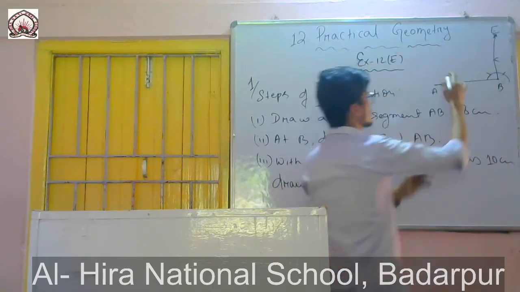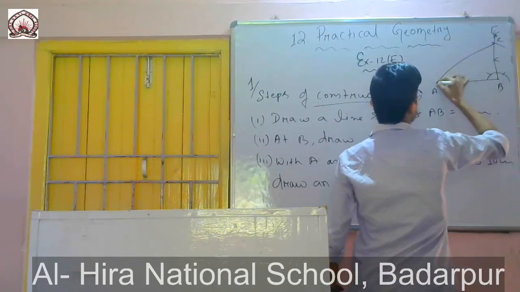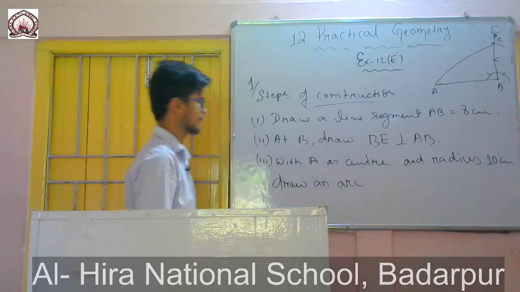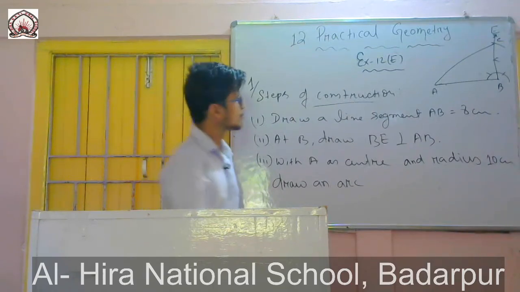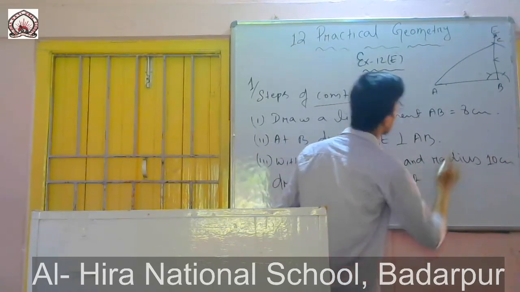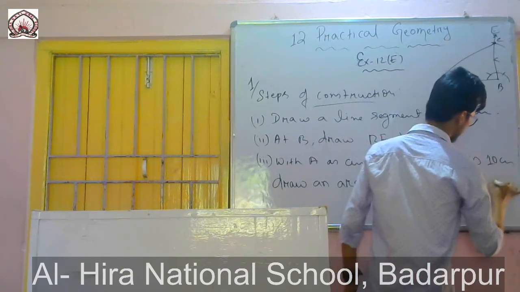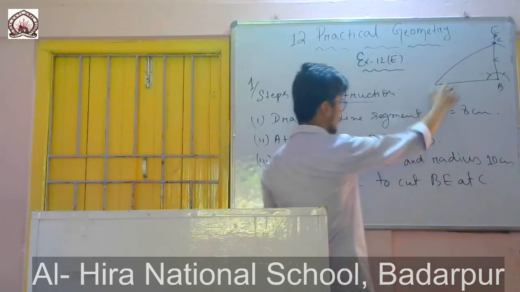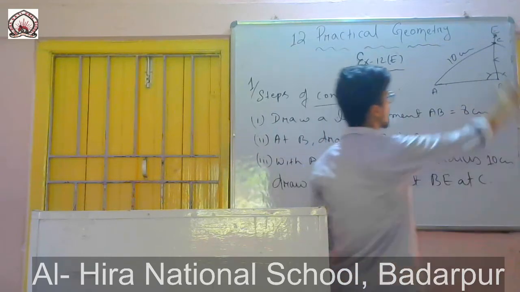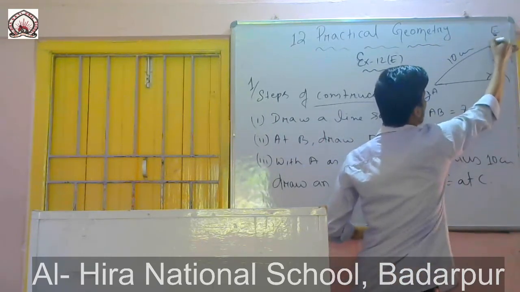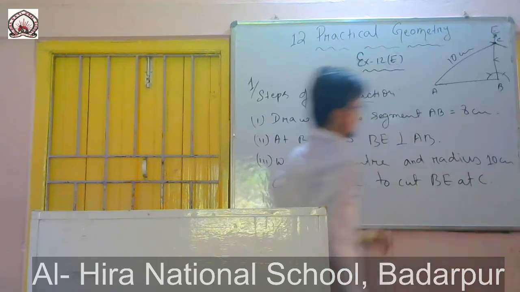I put the needle of the compass here and gave an arc like this. So I got the point C. So with A as center and radius 10 centimeter, draw an arc to cut BE at C. This is the line BE. I have drawn an arc to cut this line. There I have cut. This is the point of intersection C.